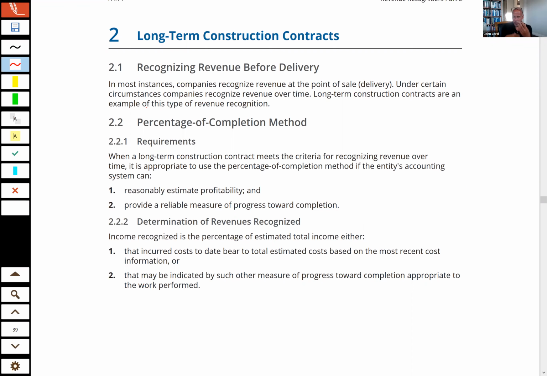So that meets the revenue recognition over time criteria, so companies are to use the percentage of completion method.